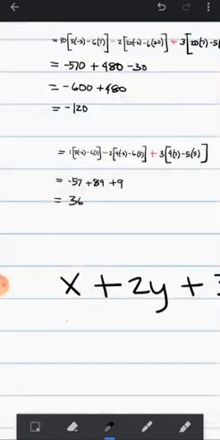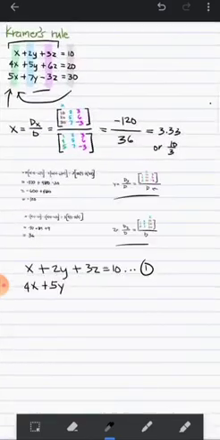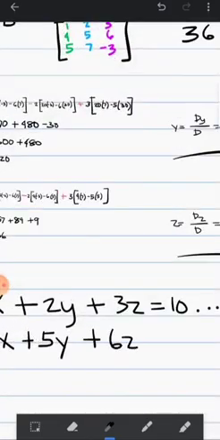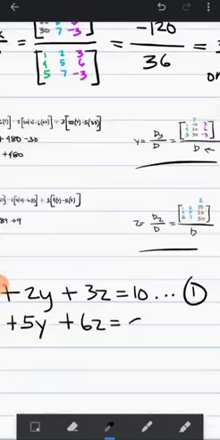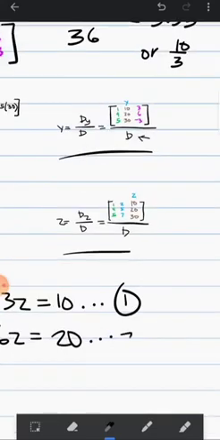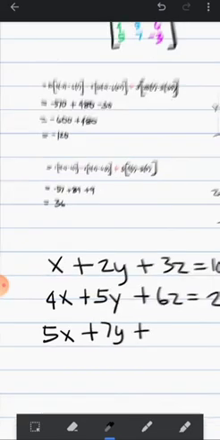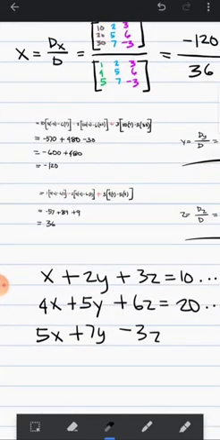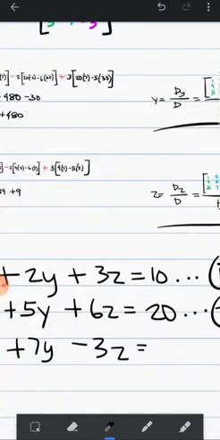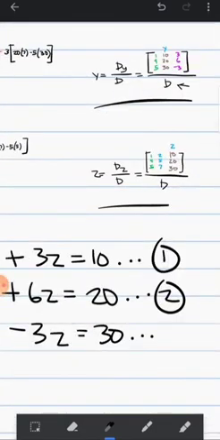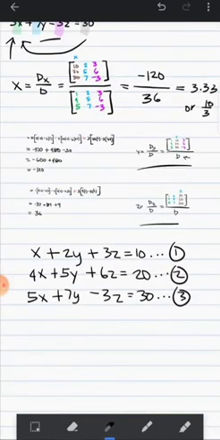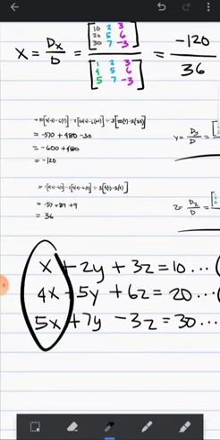Then 4x plus 5y plus 6z is equal to 20, equation 2. And then 5x plus 7y minus 3z is equal to 30, equation 3. So all we need is x.